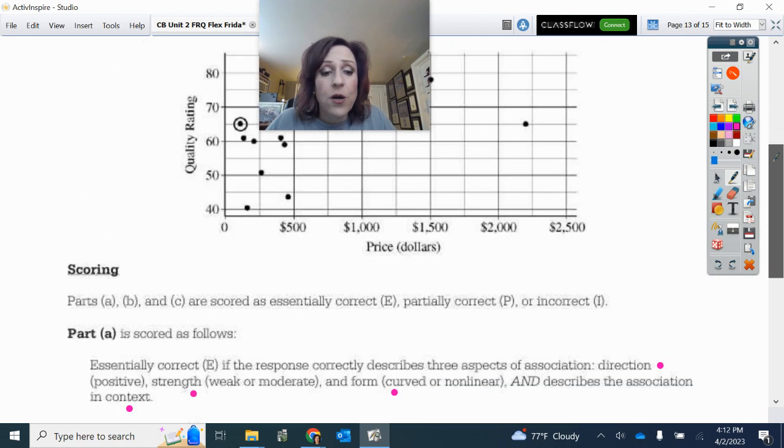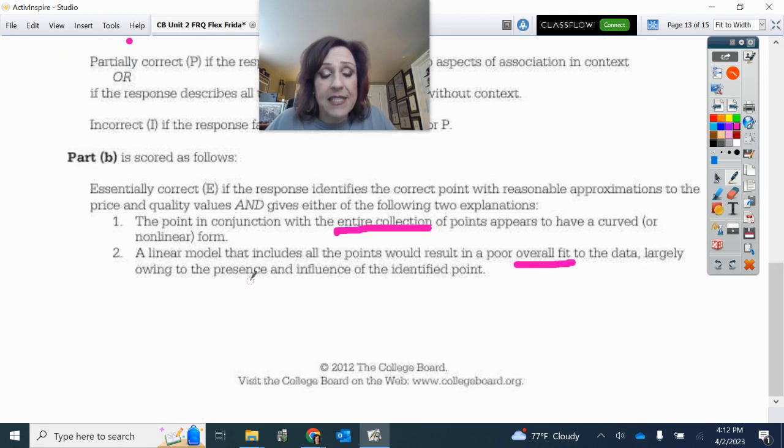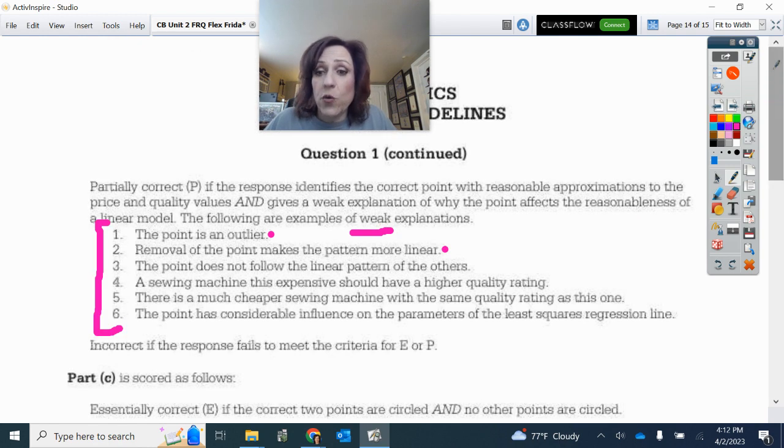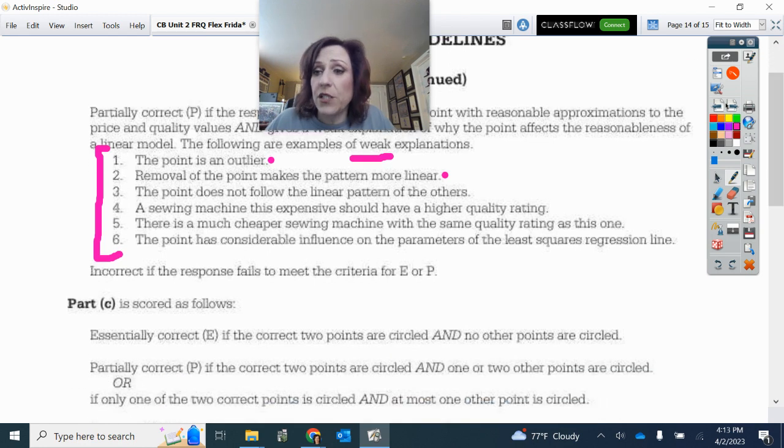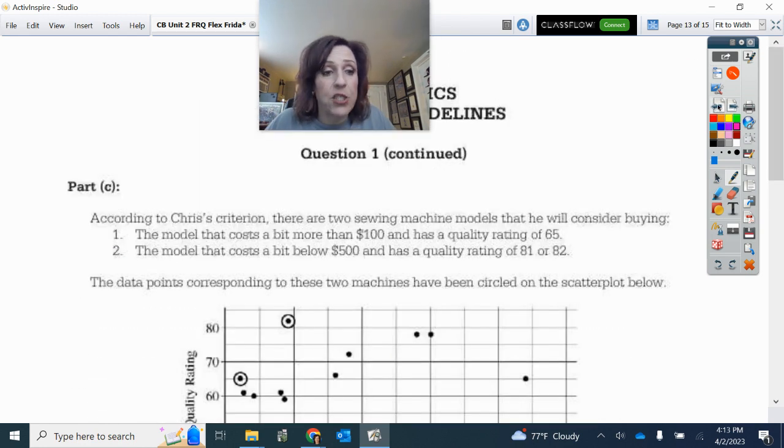Again, what qualified as a strong explanation was that the point, in conjunction with all the rest of the data, has a curved form instead of a linear form. Also, the linear model that includes all the points is a poor overall fit to the data. That would have been a toughie for grading, getting your marks down from a P to an E.